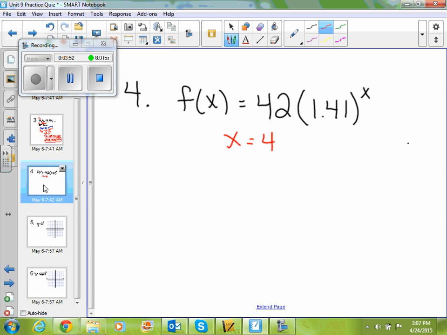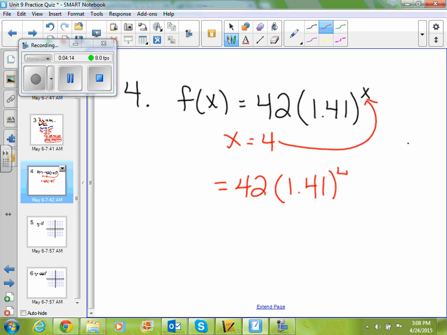Number 4, I told you guys that I changed the problem, so you can ignore what the problem actually says on your test. We're going to take the equation f of x equals 42 times 1.41 to the x power, and we're going to sub in x equals 4. So if I put in x equals 4, then I get 42 times 1.41 to the 4th power. What's 1.41 to the 4th power?